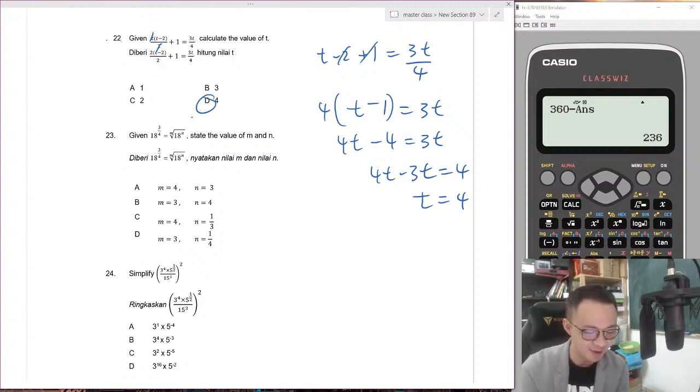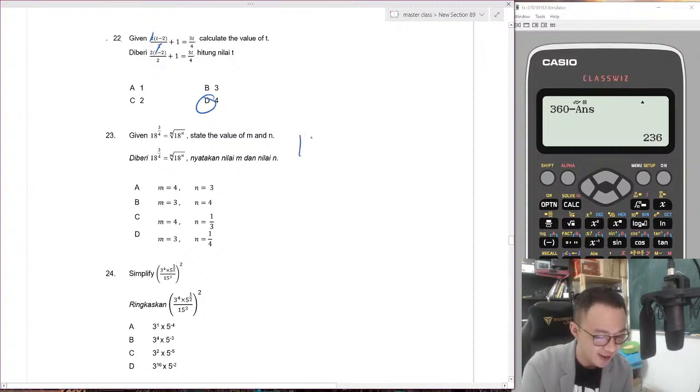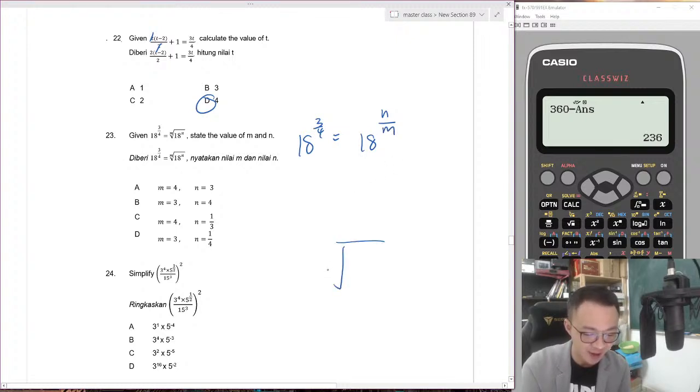Alright, so let's continue. Okay, now they ask us to find m and n here. So we have 18 power of 3 over 4 equals to, okay, just in case you do not know, this is the fourth root of 18 cubed. Power we write on the top, root we write at the bottom. Okay, this is what happens. So if I have the 7th root of x power of 5, I can say this is x power of 5 over 7.